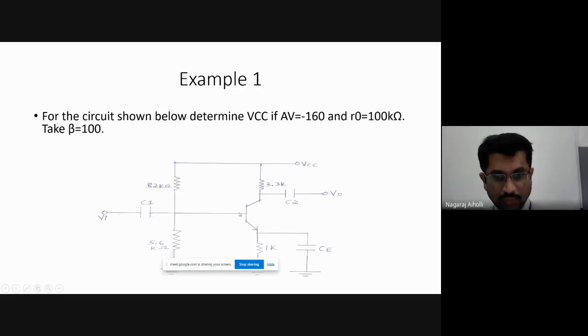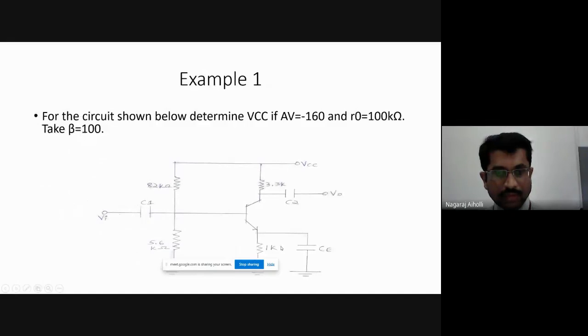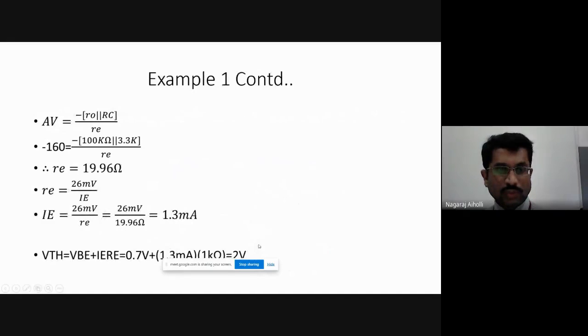If you apply KVL, we get VTH is equal to VBE plus IE into RE. VBE is 0.7 volts, it is fixed, plus IE, which we have calculated as 1.3 milliampere, into RE, the emitter resistance, 1 kilo ohm. If you substitute this, we get 2 volts. VTH will be 2 volts.